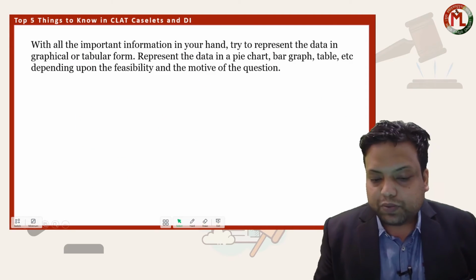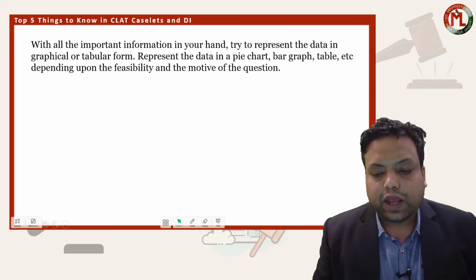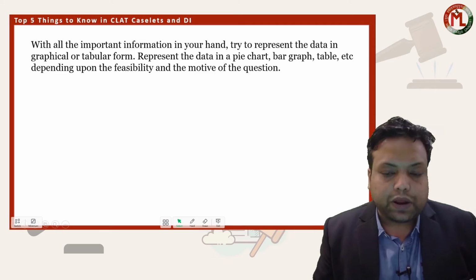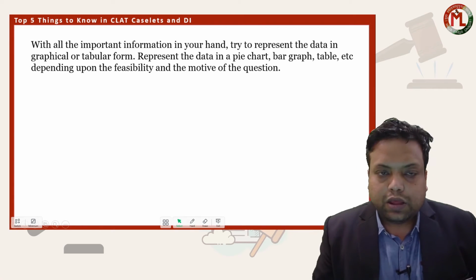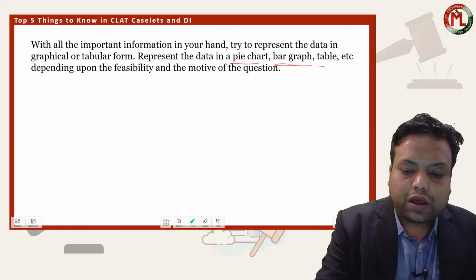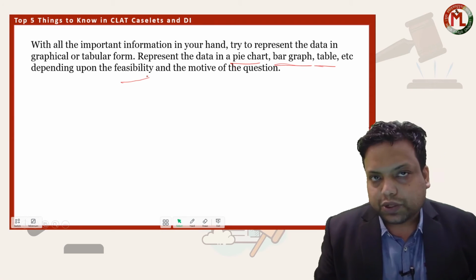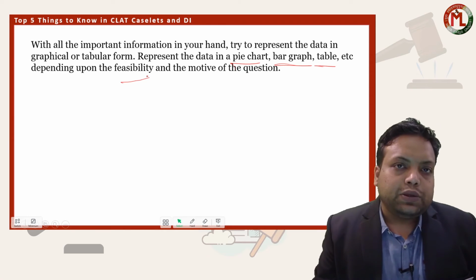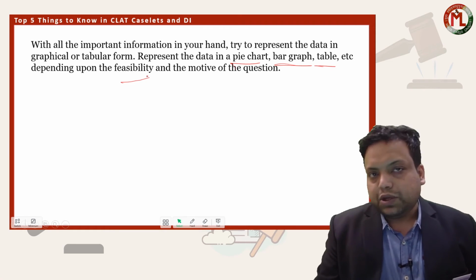Now we will move to the third point. With all the information in your hand, you have to try to represent the data in graphical or tabular format. Represent the data in a pie chart, bar graph, or table, depending upon the feasibility and the motive of the question. This actually helps when the question is not given in Caselet format but in data interpretation format.